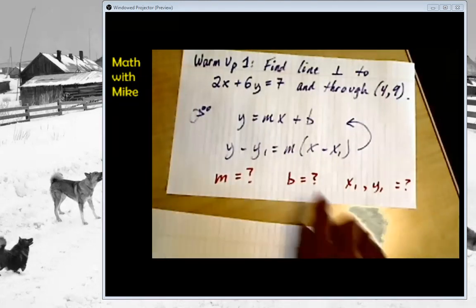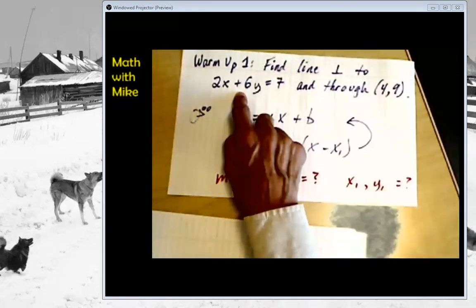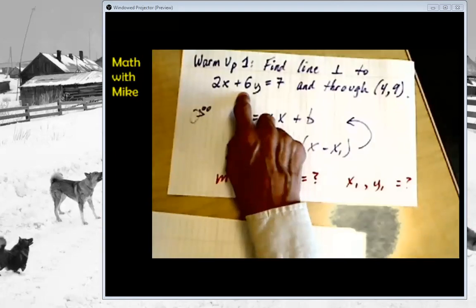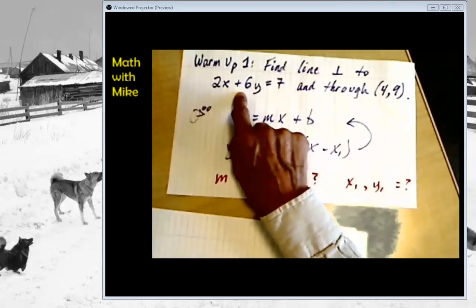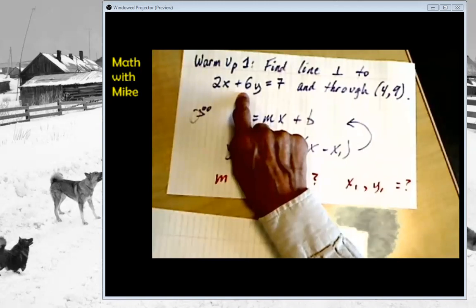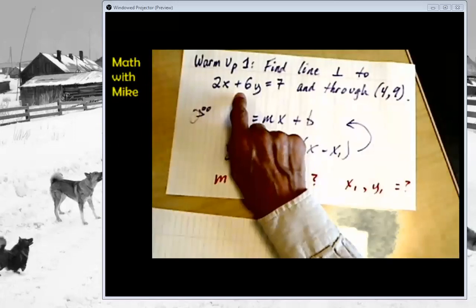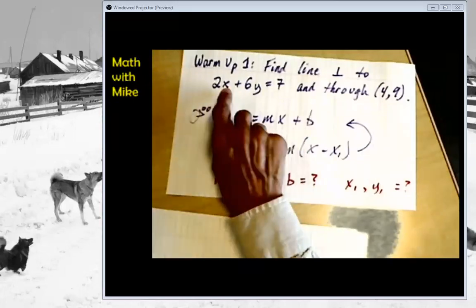Well, not bad. Zoom is saying use the slope formula, and we could, but to use the slope formula, we also need 2 points. We can't find those directly. No. We could actually find 2 points.